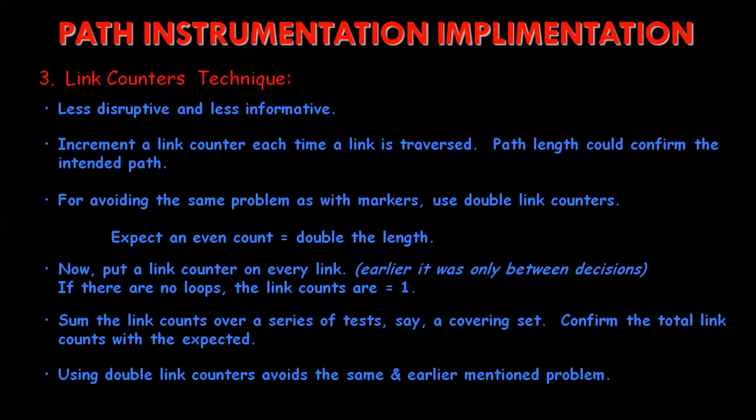Even then we have certain limitations. In the instrumentation problem, markers and counters may disturb the timing relations and they may hide race conditional bugs. One more limitation is that these markers and counters may not detect location dependent bugs.